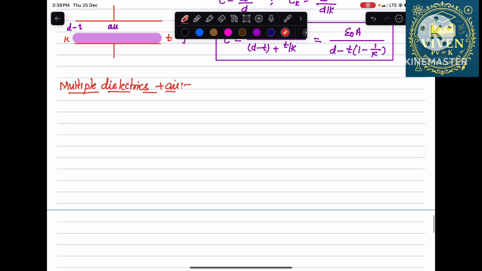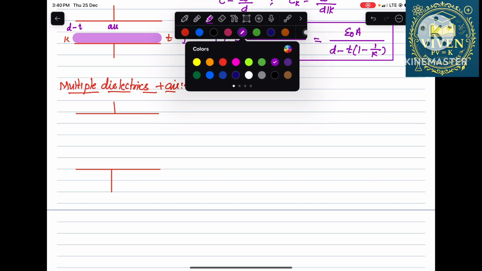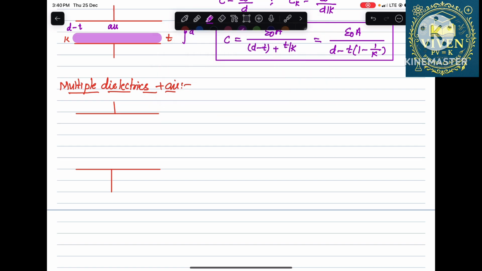Now here it is a combination of multiple dielectrics and air. Let me show you this one. This is a parallel plate capacitor which is filled with different things. See the first dielectric. Say the next dielectric.